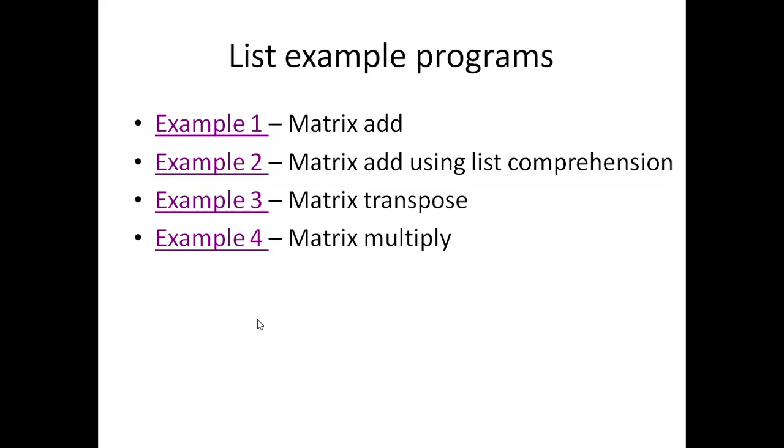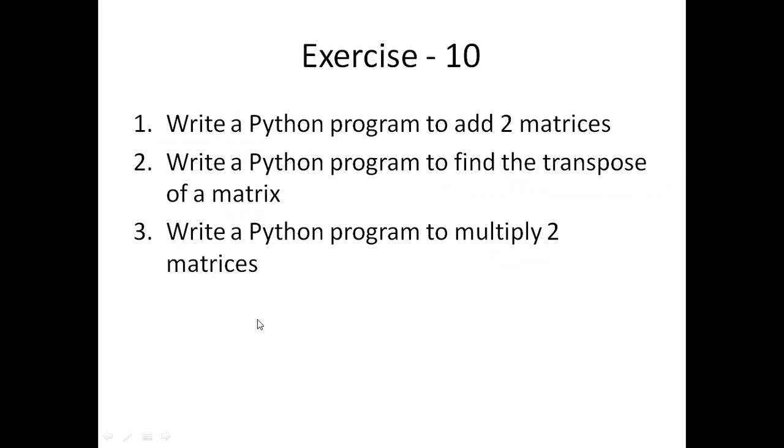So these are some of the example programs, and I have included three programs as exercises also. The first program is to add two matrices. You have to use the same program, but instead of giving the matrices as input in the program itself, try to get the input from the user, from the prompt.